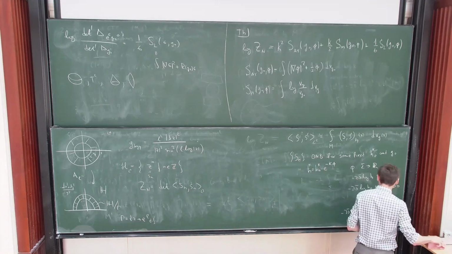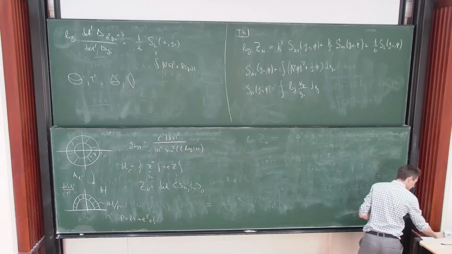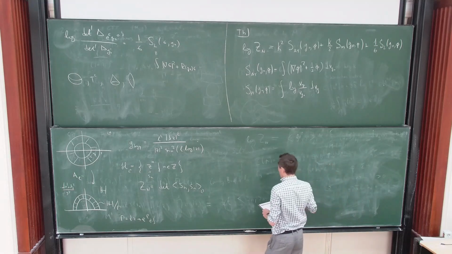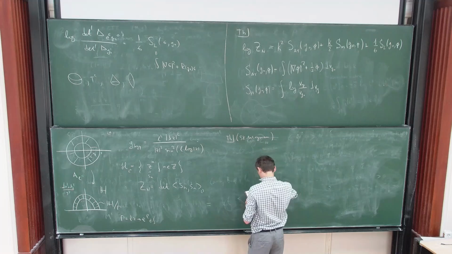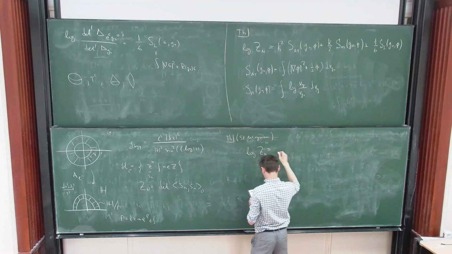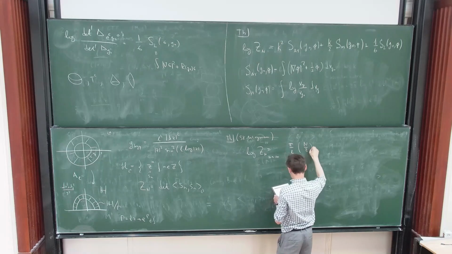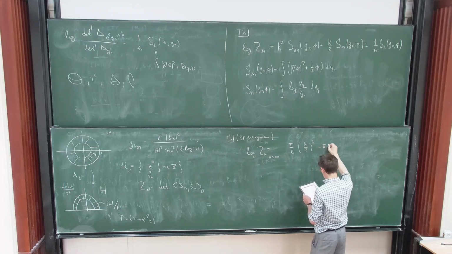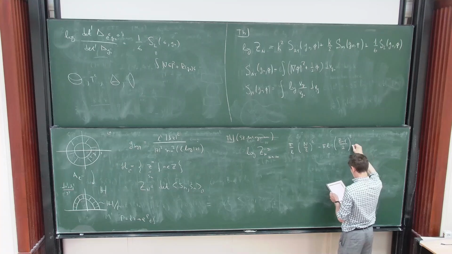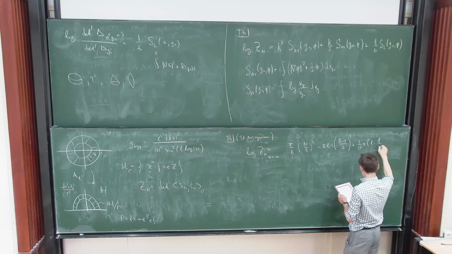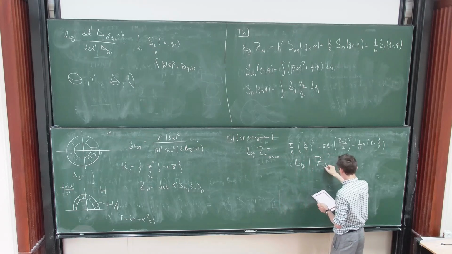And I will write the formula. So, log Zn as n goes to plus infinity is p over L over 2 squared, minus p L. This is the Selberg zeta function.